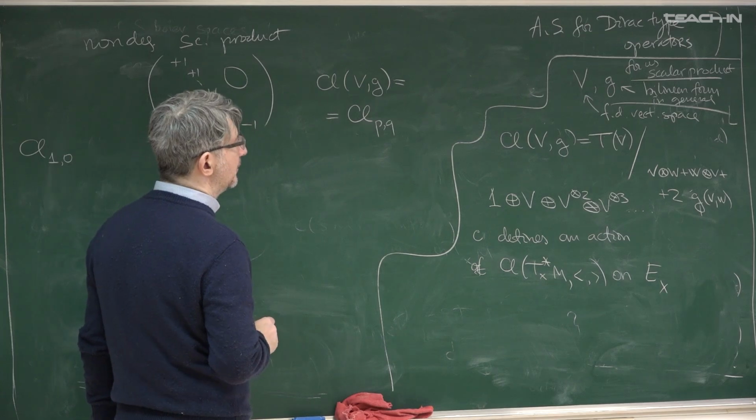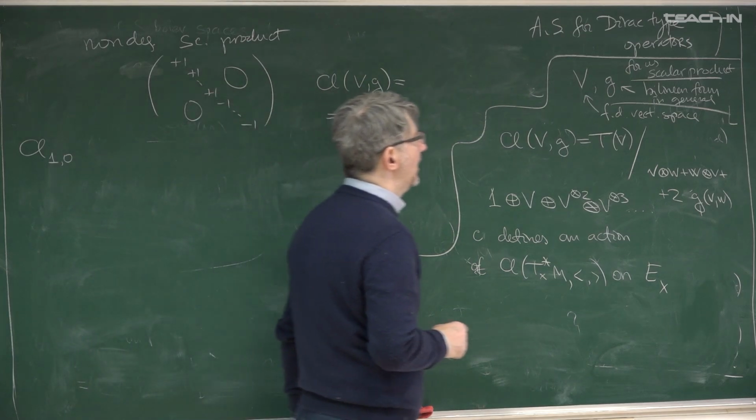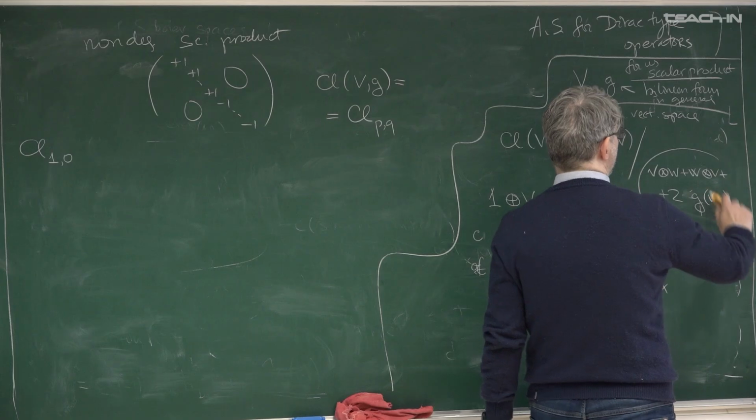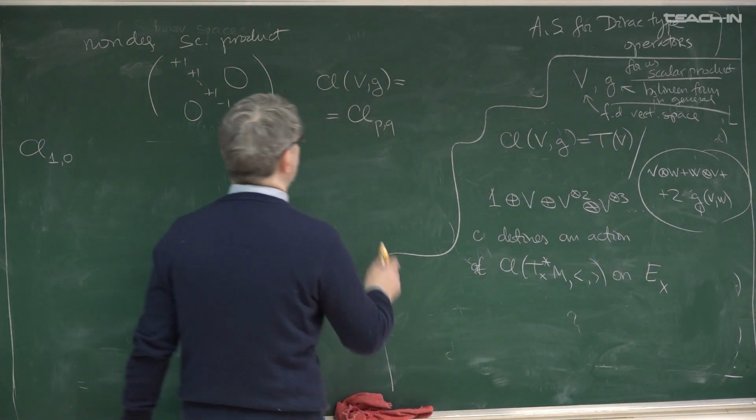To understand it in a very fast way, we need to understand how we can rewrite this general collection of relations for this algebra.